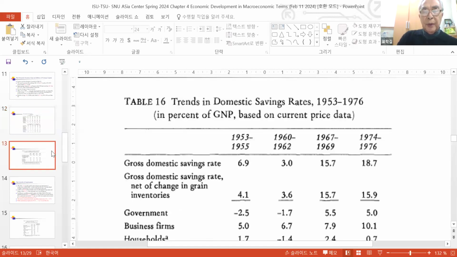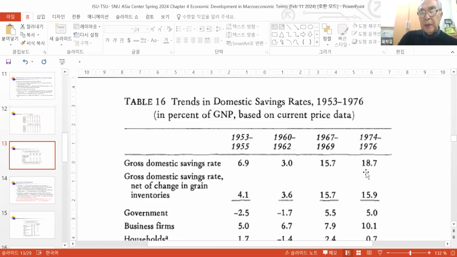Domestic savings rate, take a look at the 1950s. Domestic savings rate was only 7%, less than 7. What does that mean? At that time, if you earned 100, only 7%, $7 was saved.